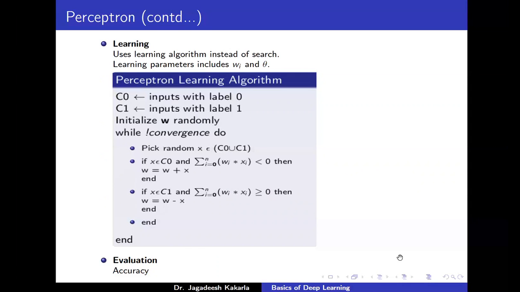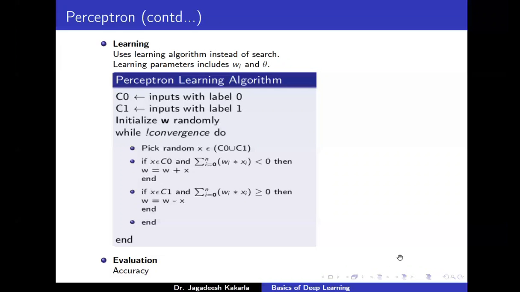Otherwise we check whether x belongs to x0. Here x0 is the inputs with label 0, and x1 is the inputs with label 1. Then accordingly we change the weights, w equals w plus x or w equals w minus x.